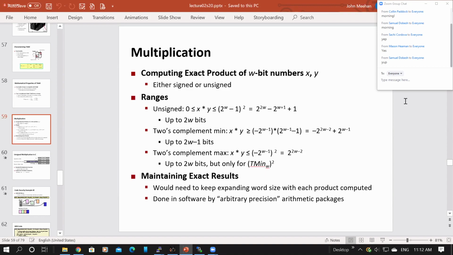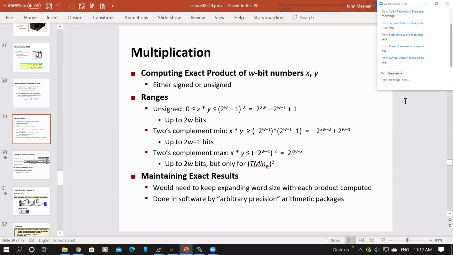With the addition, we would need one more bit to hold the true result. Well, with multiplication, we would actually need twice as many bits to hold all the possible values we could generate out of multiplication. So obviously that's not going to happen, and we're going to have much more opportunity for overflows and underflows and those sorts of things when we're doing multiplication operations.